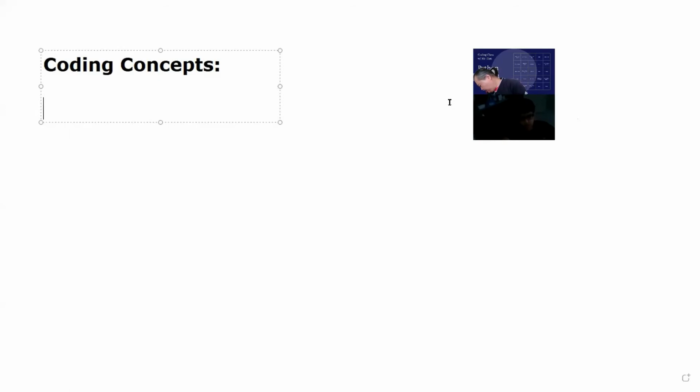I keep accidentally kicking some wires underneath the desk. So what are the coding concepts that you know? Let's list the coding concepts that you know. I know turtle. Well, that's a module.